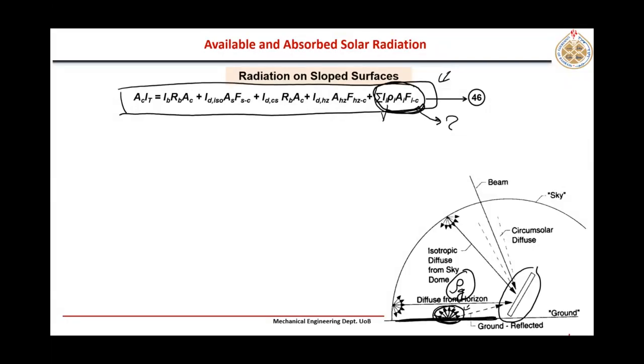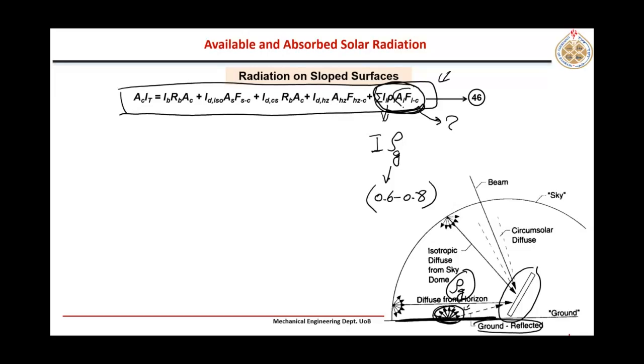So instead of summing all those, we will simply write that there is only one ground surface having an average ground reflectance, and about 0.6 to 0.8 is a good assumption for that ground reflectance, which can be used.